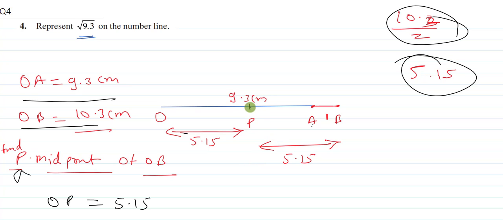Now take P as the center and draw a semicircle. You can see we have drawn a semicircle by taking P as center and OP as radius. How do you do this?